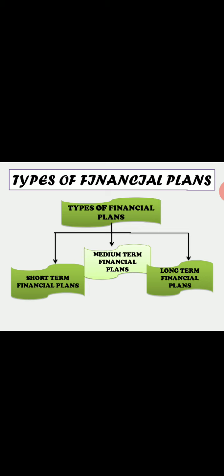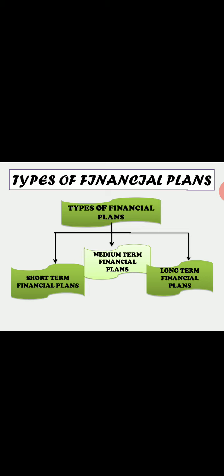And it always looks after the long term financial objectives of the company. As I said, the long term financial plan is directly connected with the objectives of the company, fine. And the capital structure, the expansion, diversification as well. So it is very, very important.